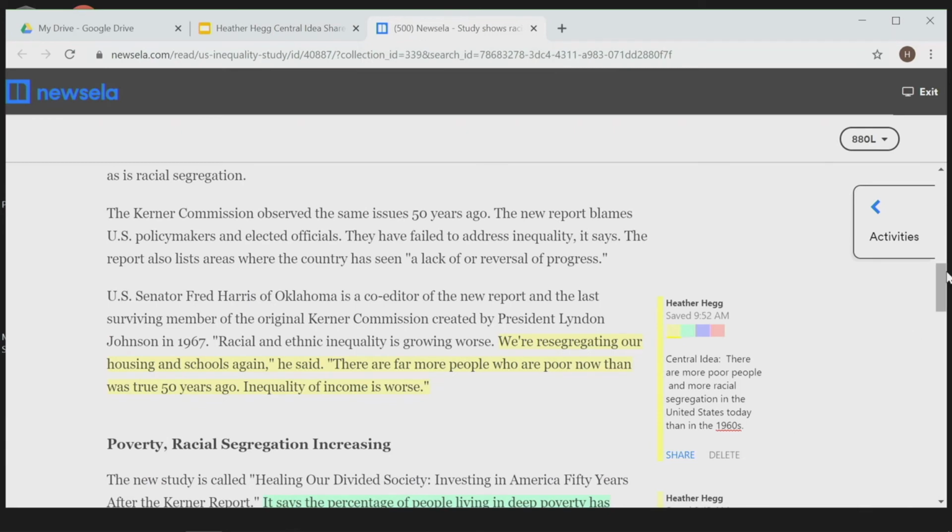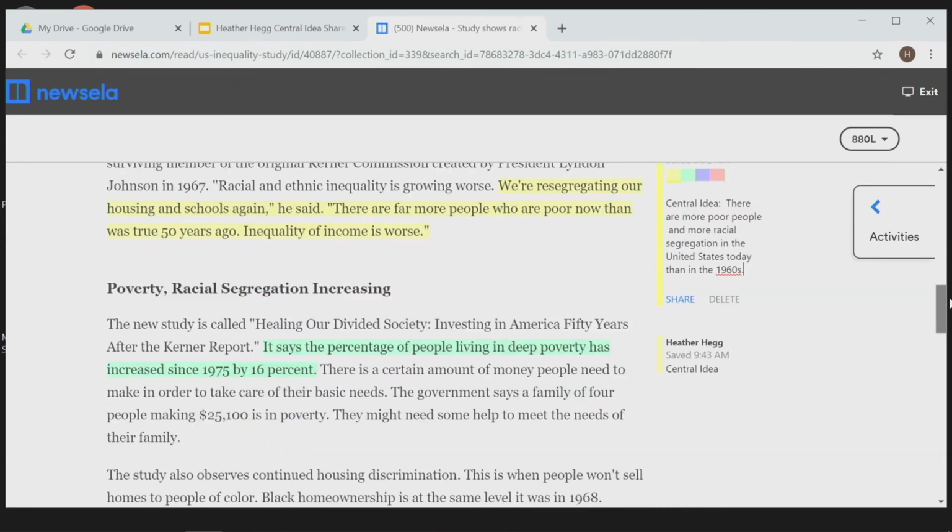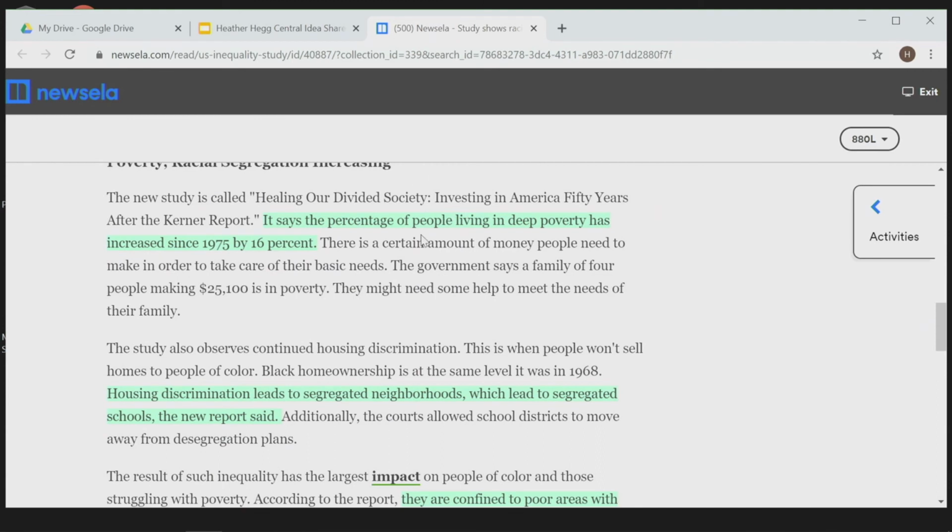Okay, so what's my key detail? So I remember this. I'm not sure which I want to use. Let's use this one, my citing evidence. I'm going to cite this from the text, this quote.